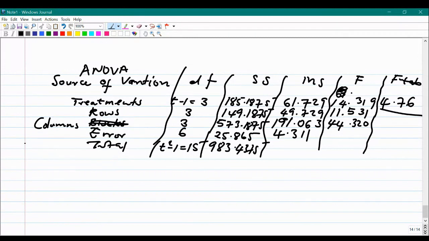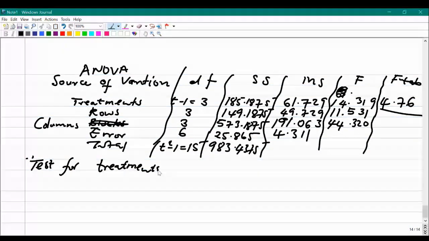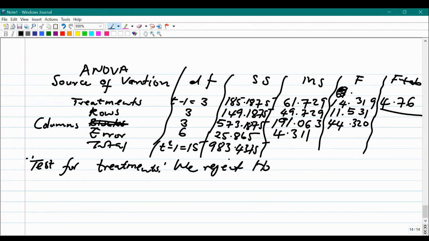So test for the rows. Okay, test for the treatments. Means we reject. Yes, sir. Okay.